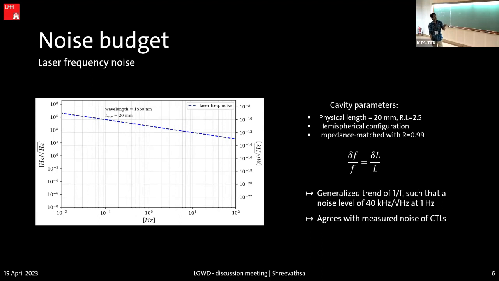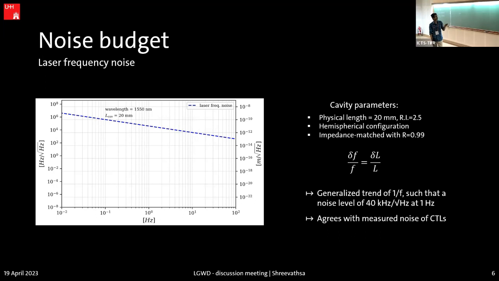And I used a hemispherical configuration, impedance matched cavity, and these are just the conversion factors. And obviously we use this formula to convert. And this agrees with the measured noise in the lab.